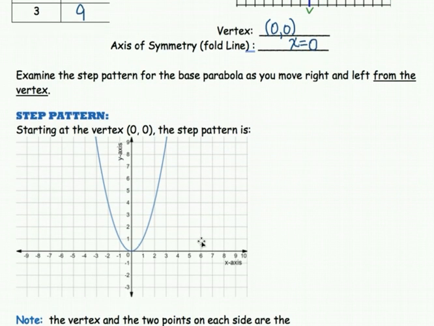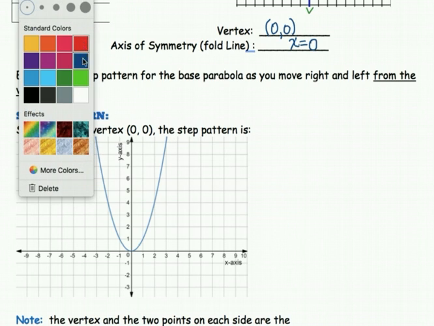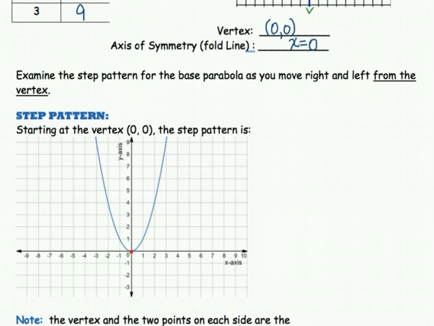I want you to start at the vertex, and then it says here to go left or right from the vertex. We'll go right first. Starting at the vertex, the step pattern is, so turn it to red here. Vertex is right here. You're going to go over 1, and then you're going to go up to the next nice point here, and there it is.